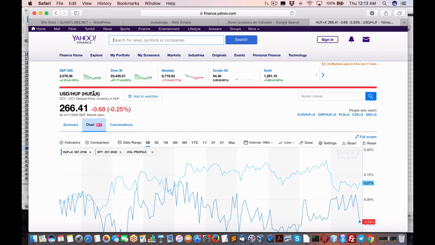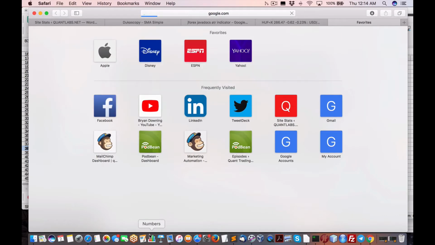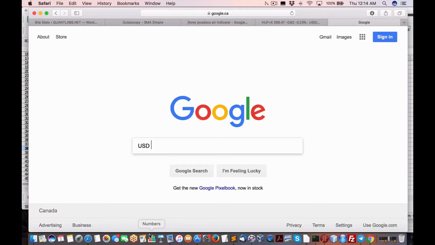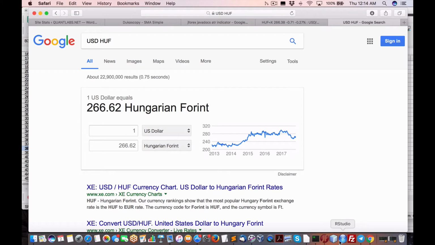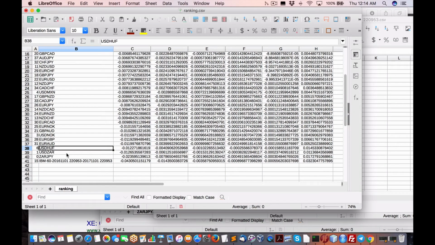Which one is that? I can never remember this. Oh, Hungarian. So it's a Hungarian forint. That's why I've never heard of it. Okay, so that's the third most volatile.